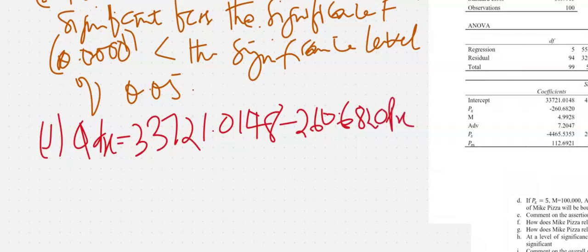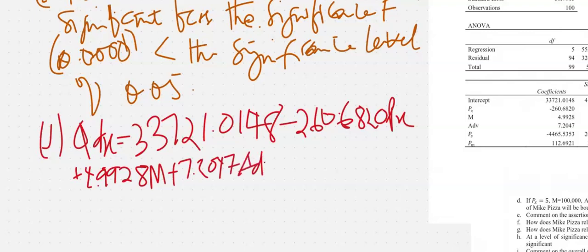Then we have plus 4.9928 M, then plus 7.2047 advertising.